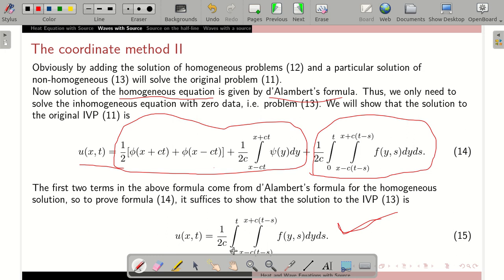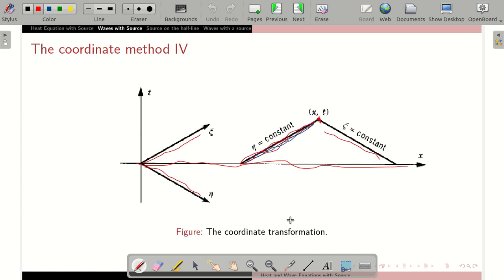So 1 by 2c, integral from 0 to t, x minus c, t minus s, and so on. Here I am replacing x naught with x, t naught with t, and the variable t with the dummy variable s, f of y,s dy ds.